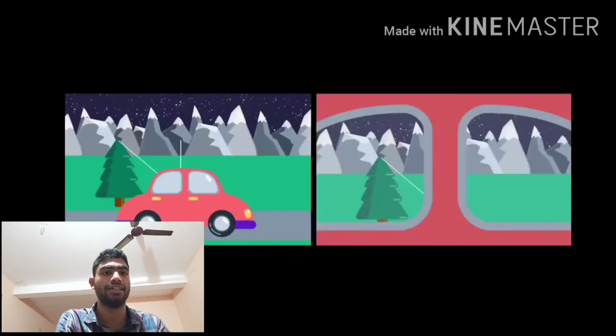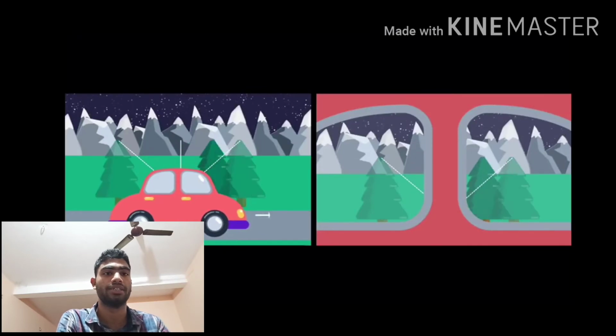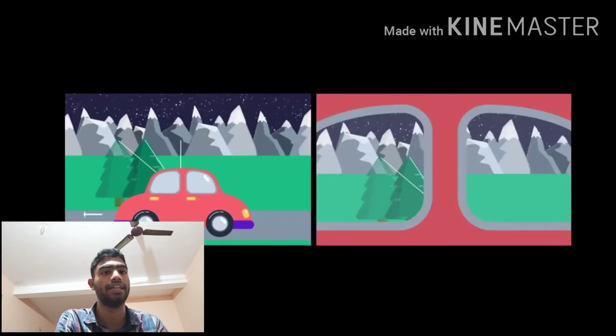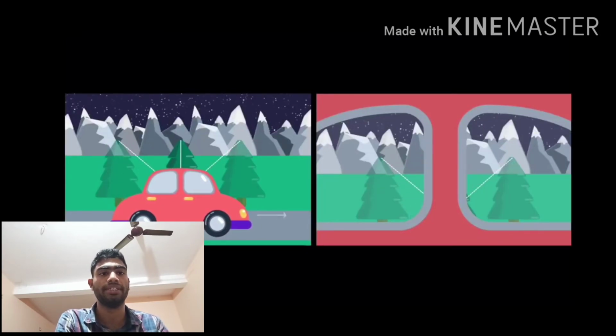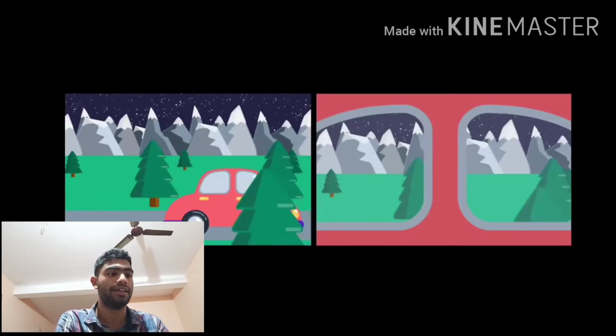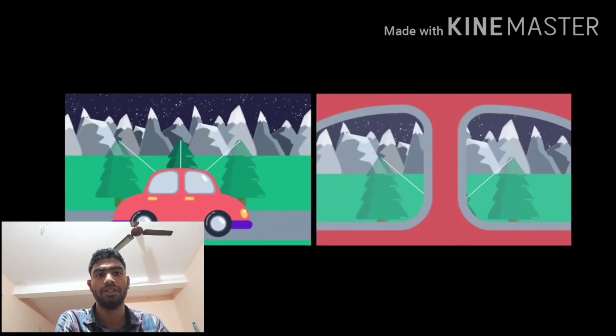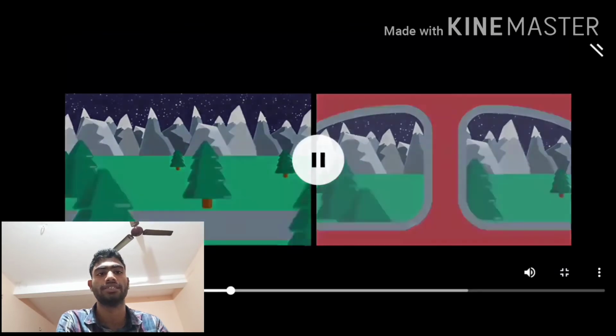Here a car is moving, and the trees just near to that car change position when the car travels, but the far object, that is the background figure, remains constant.